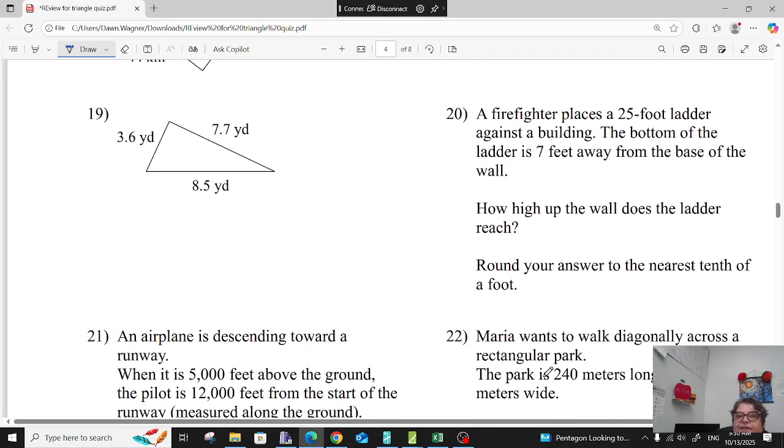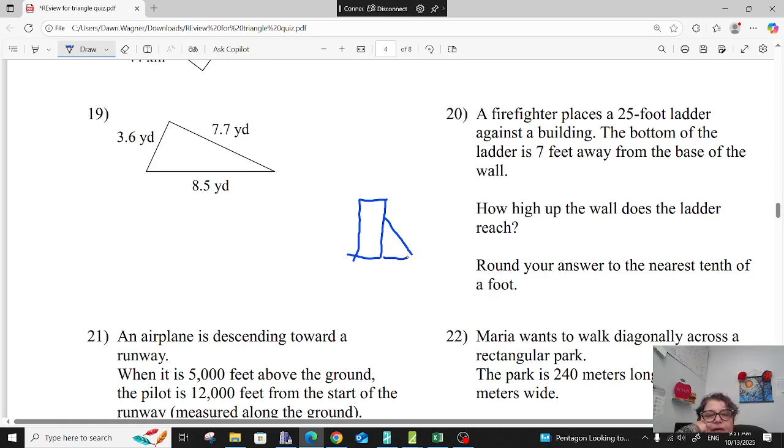Okay, let's look at these. A firefighter places a 25-foot ladder against a building. The bottom of the ladder is 7 feet away from the base of the wall. So if I have a wall, here's my wall. The ladder is leaning, so that has to be the hypotenuse.